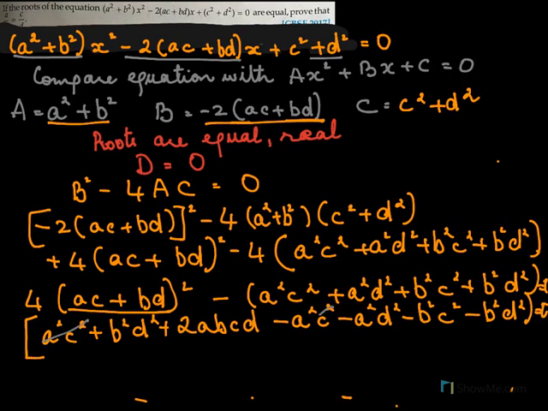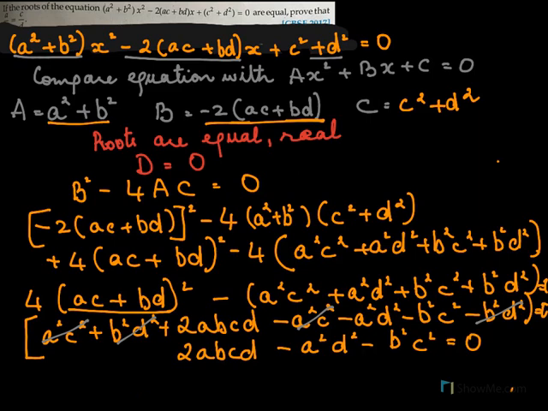There are a few things I can cut. I can cut plus and minus, I cut this out, plus and minus, I cut this out also. Now what remains is 2abcd minus a square d square minus b square c square equals 0.